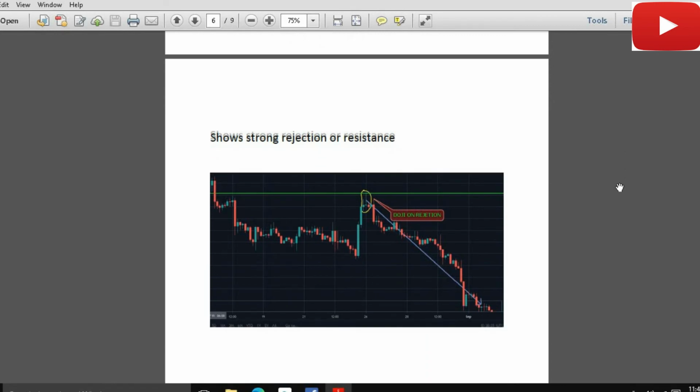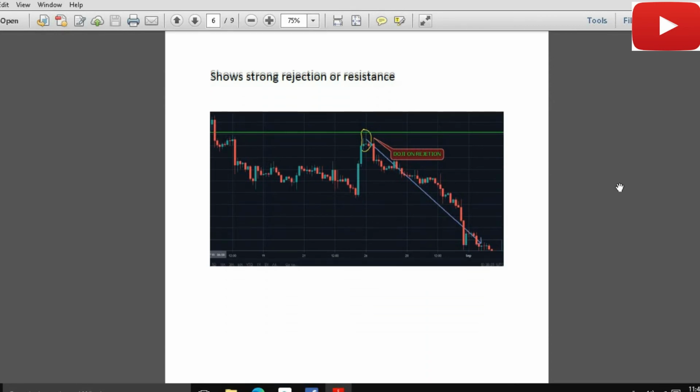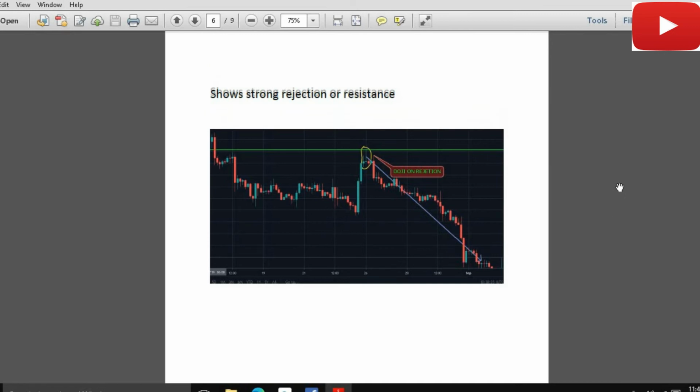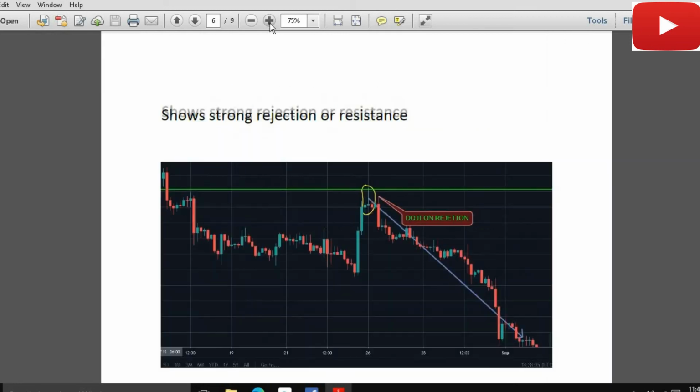Please, when we are teaching this, also open your MT4 or your TradingView to really go to the graphs and see really what is happening, to go and identify them by yourselves. Right, so this is a strong rejection, and here, let me just try to zoom in.